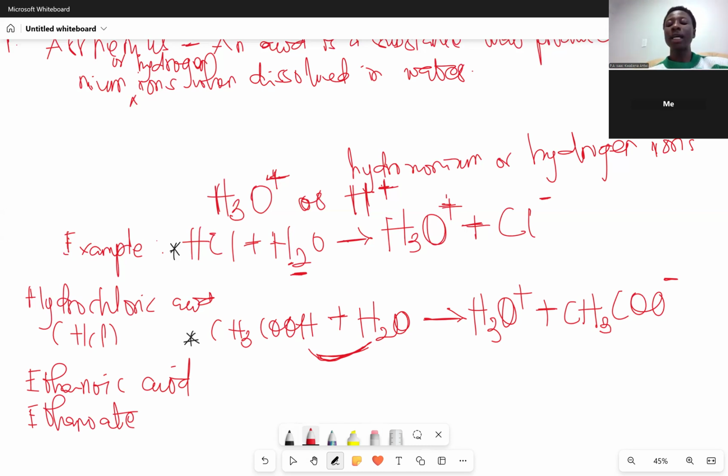CH3COOH, I'm telling you, it's an acid because after it was dissolved in water, it dissociated to generate H3O plus. Any solution that produces H3O plus is an acid.